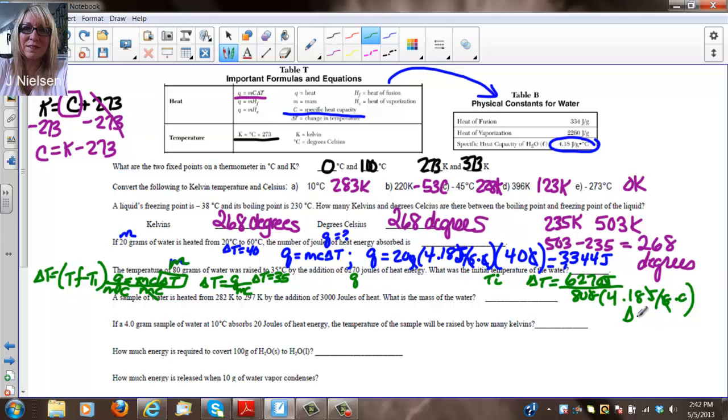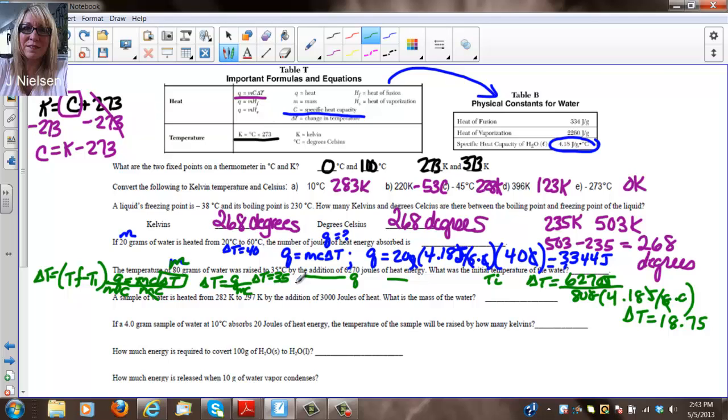My delta T is equal to 18.75. Now, I added heat to the problem. I added heat. That means my temperature is going to go up. So it was raised to 35. So T35 is actually my final temperature.